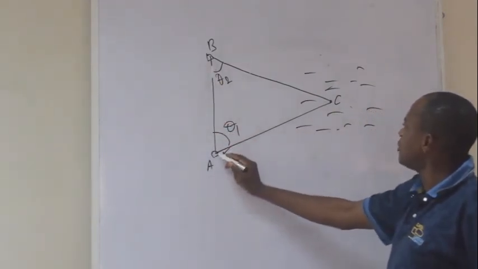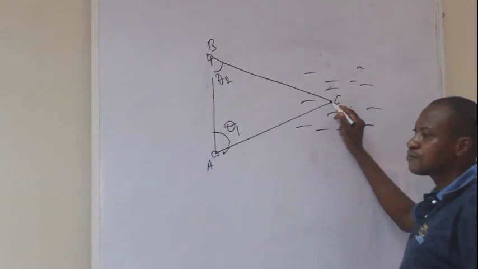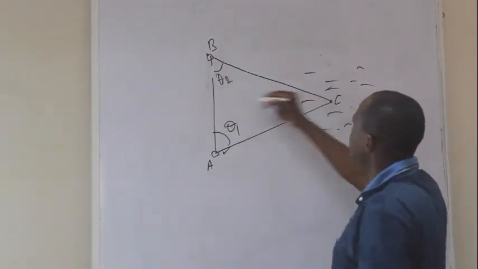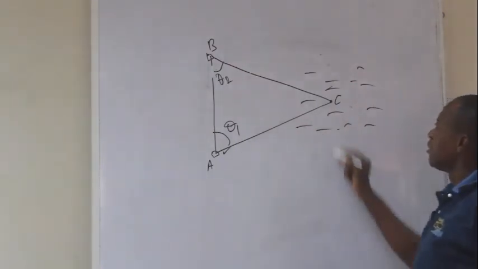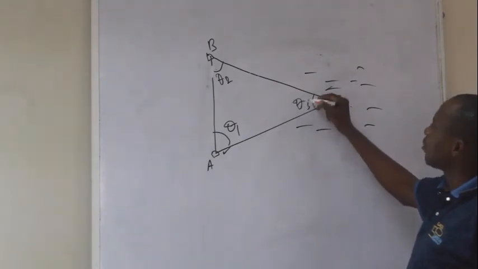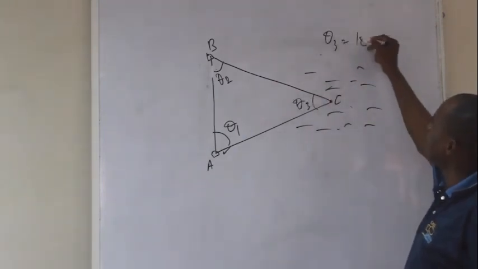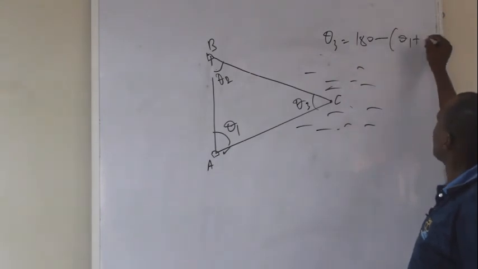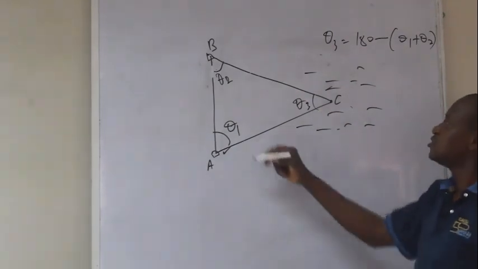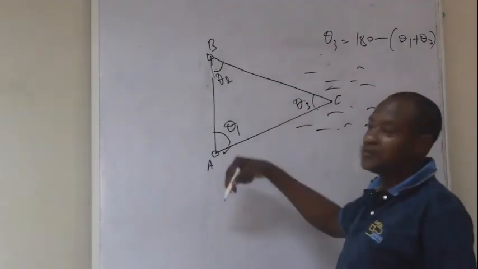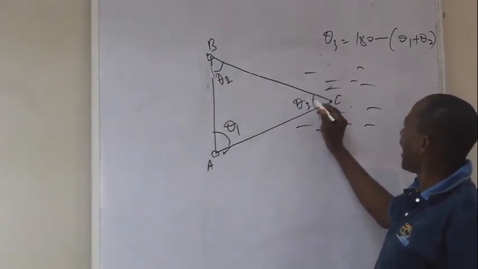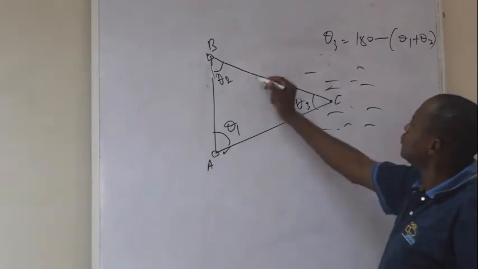So at this point, you just shoot a ray to this, and you note the angle here. Shoot a ray from here, you know the angle here. Even just looking at it, you can estimate the angle θ3, because θ3 will be 180 minus (θ1 plus θ2). With that alone, you can know the angle here. And since you know the distance from here to here, you can determine the angle here.